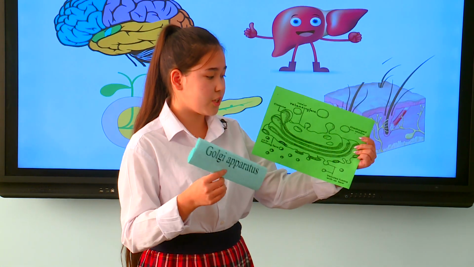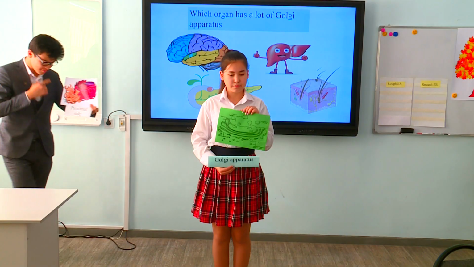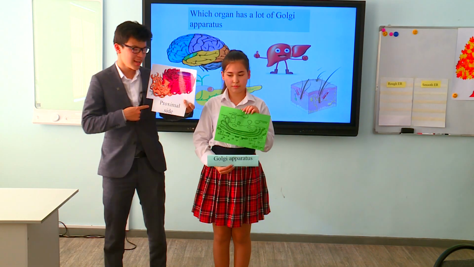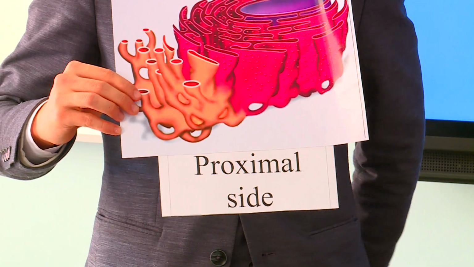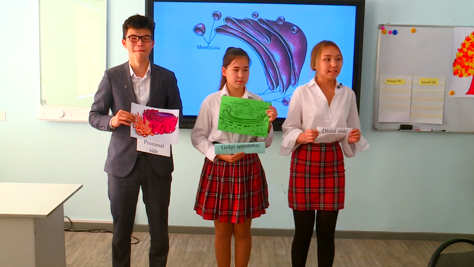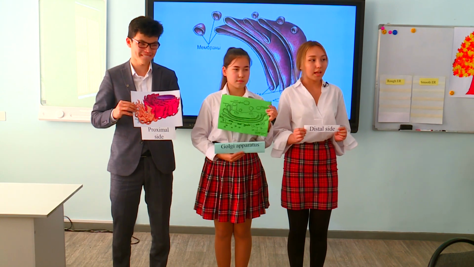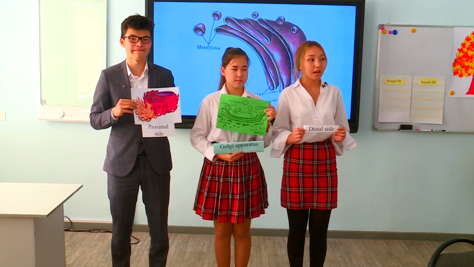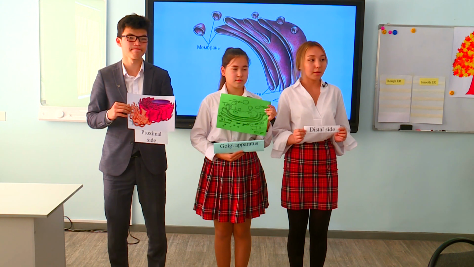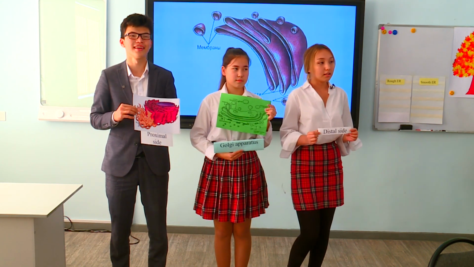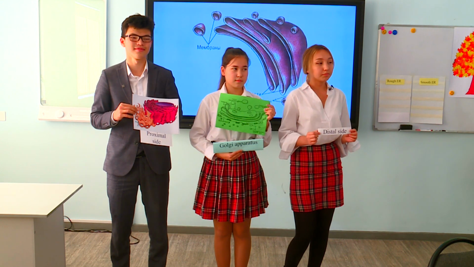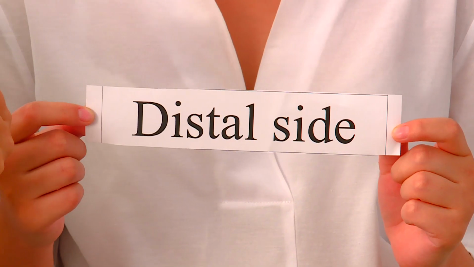Therefore, Golgi has 2 sites. I am the proximal site. I receive lipids and carbohydrates from the ER. I'm the distal site. My inside has proteins, bubbles, carbohydrates and lipids. These bubbles go beyond the Golgi to their destination, and from this substance form the lysosomes.